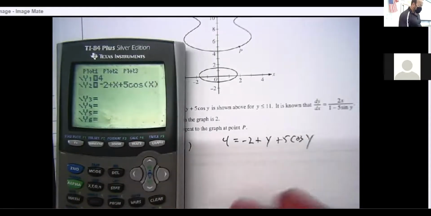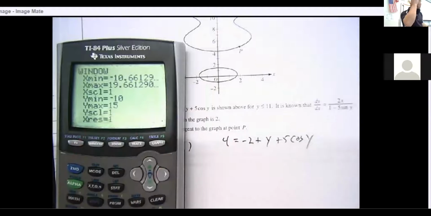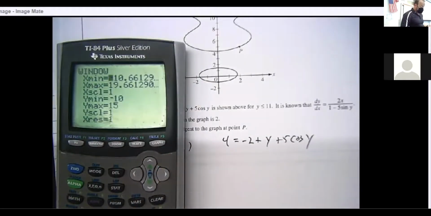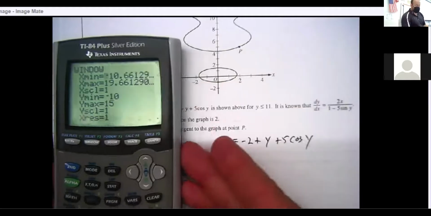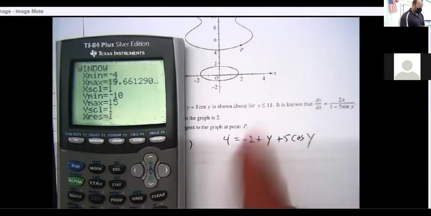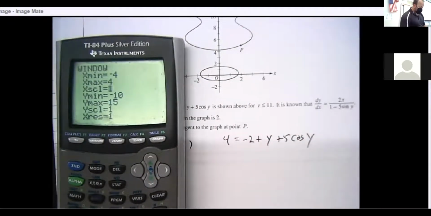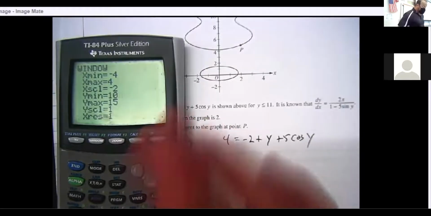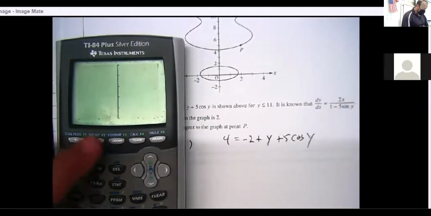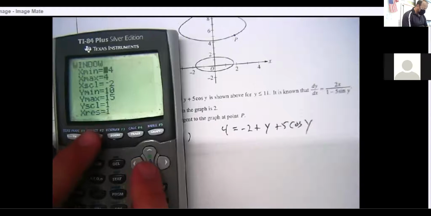No, we can't use y. In terms of my window, what kind of y value am I looking for, everybody? I mean, my window's jacked, but it looks like my x values are like -4 to 4. And my y values go from about -2 to about 10, don't they? So if I go like this, I must have messed something up. Something missed.